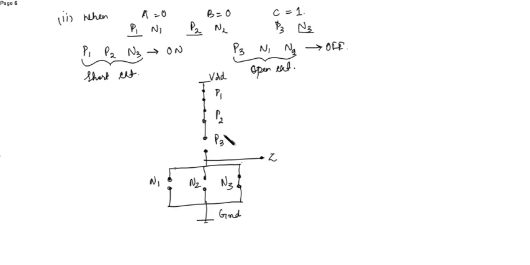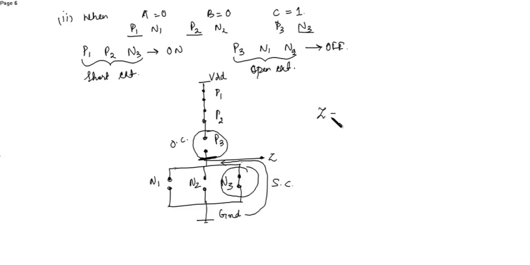Now, even though P1 and P2 are short circuited, P3 is open circuit. So this will block the high voltage. Then in N1, N2 and N3, N1 and N2 are open circuit while N3 is short circuit, and N3 is in parallel with N1 and N2, so this is independent of N1 and N2. So the path will be created from here to the output.